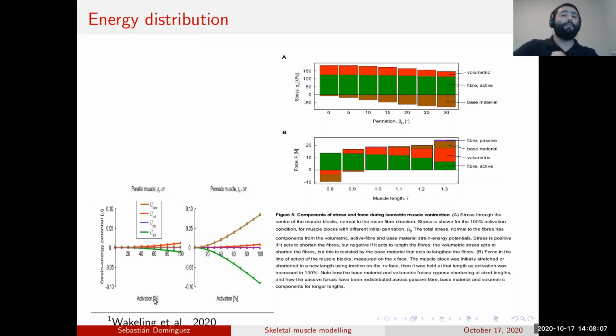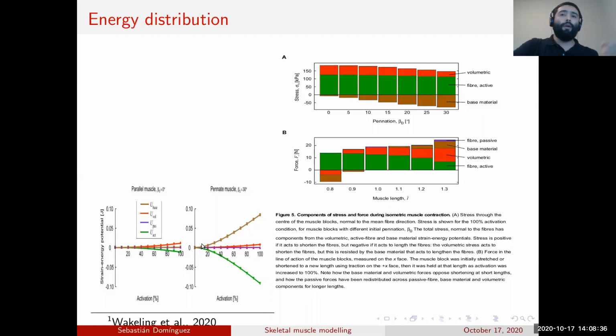We activated, okay? So we use this function a(x,t) to see what would happen. And when you see the deformation of it, it's different. So we wanted to see how different it was in terms of energy as well. Here you can see that, for example, the most notorious ones are the U active, the energy due to active forces, and the volumetric.